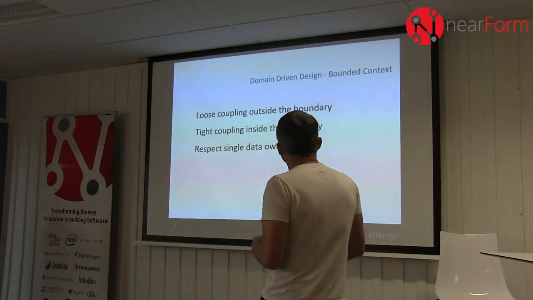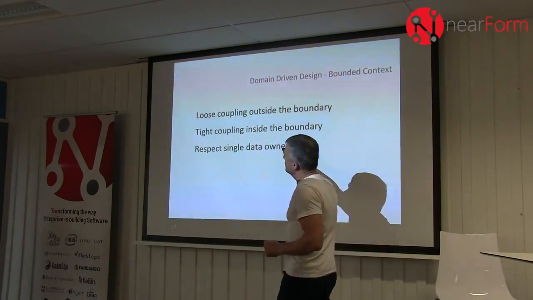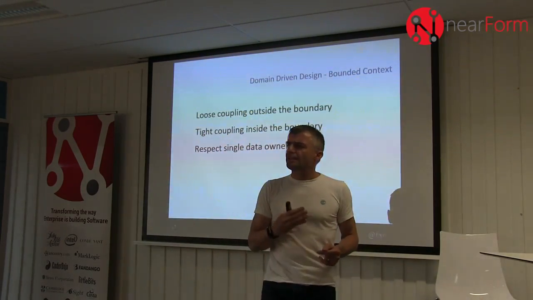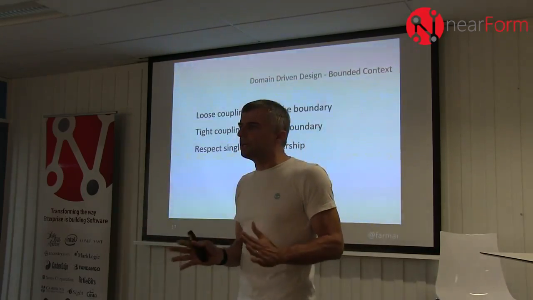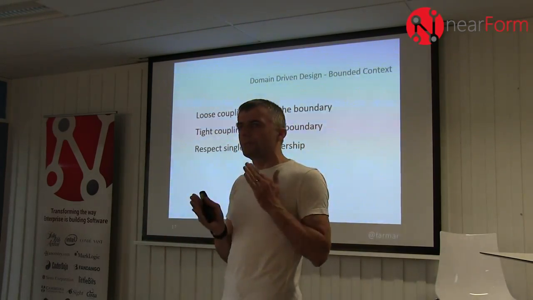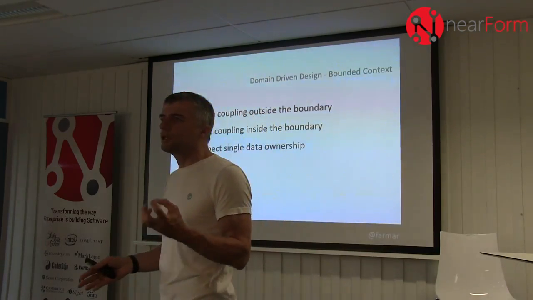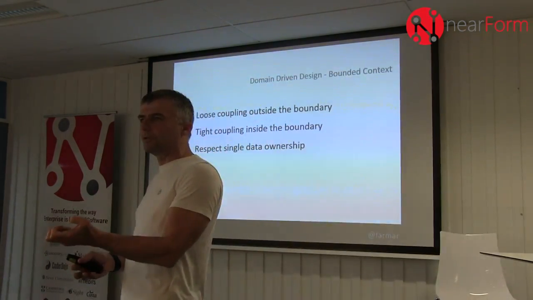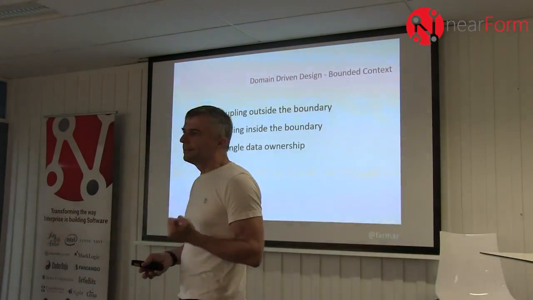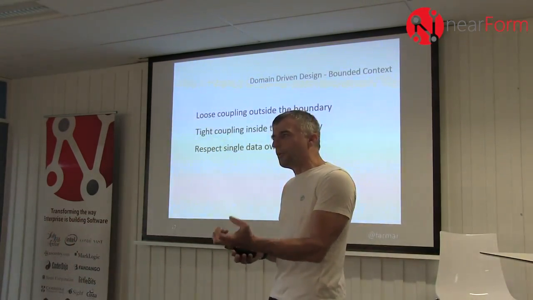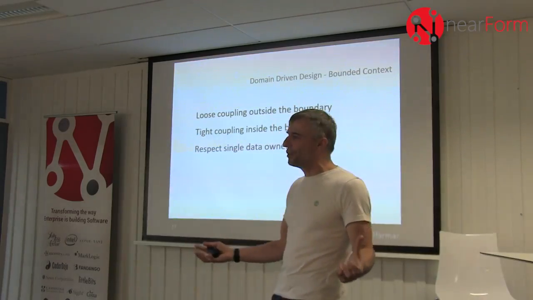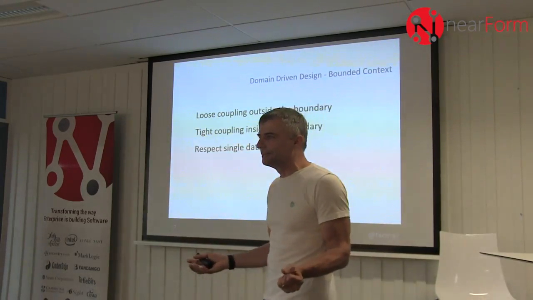Inside the boundary, tight coupling is not a problem. If you're doing 5 things in a procedural manner, it's totally fine, because you expect this kind of behavior. Obviously, you have to be aware of not growing that bounded context into a whole application.